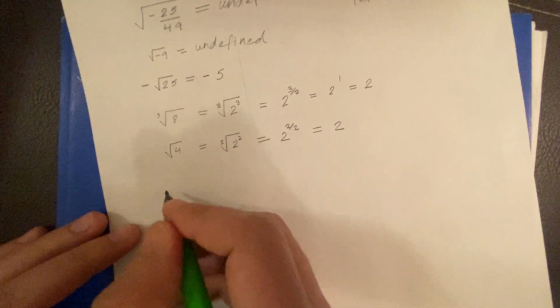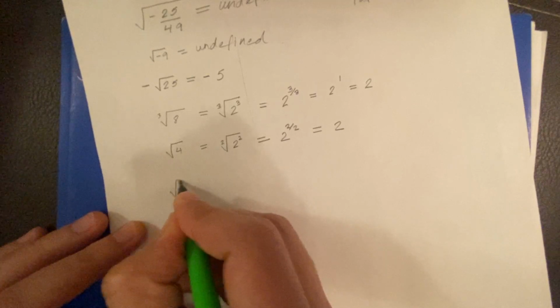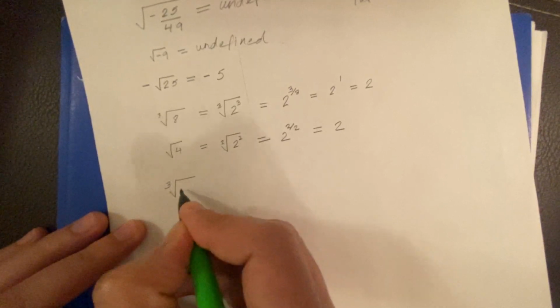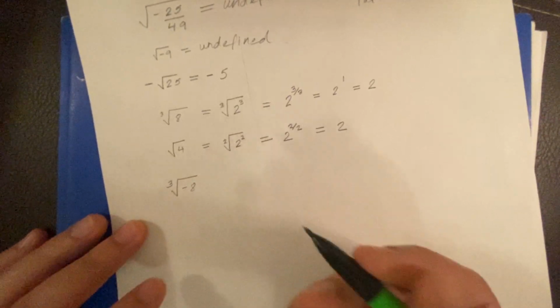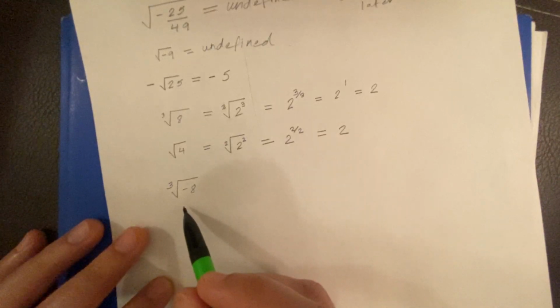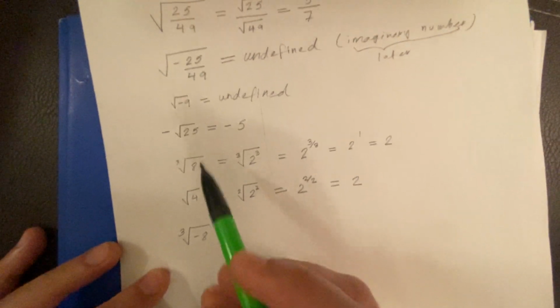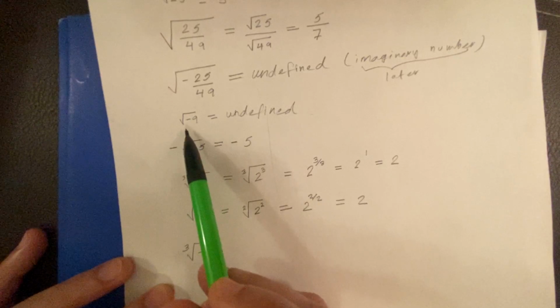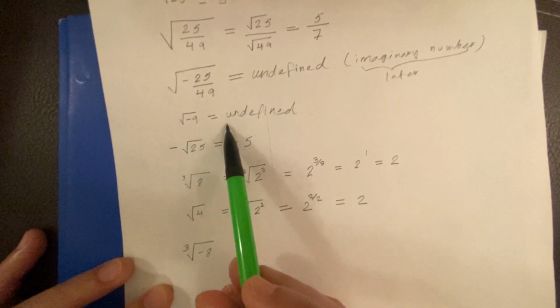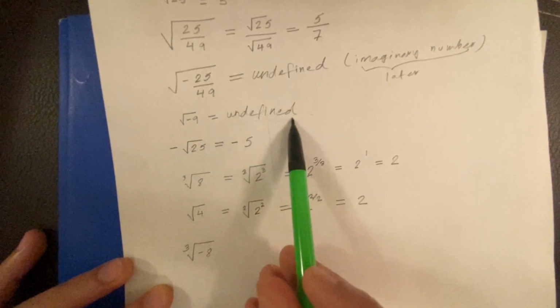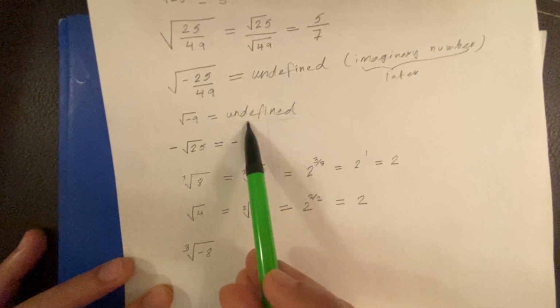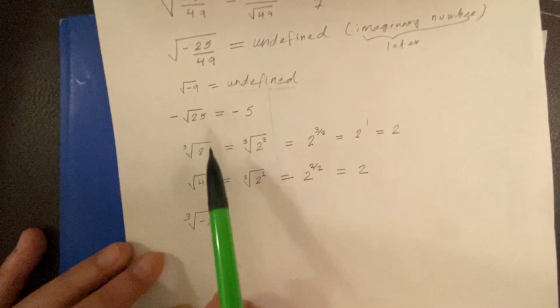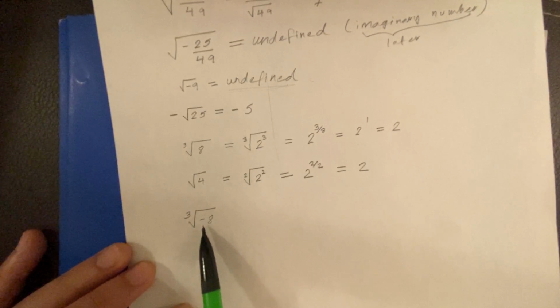Similarly, what about now the cube root of -8? Can we find the value of this? Well, like I said here, the square root of a negative number is undefined. All right, but what about the cube root here, the cube root of a negative number?